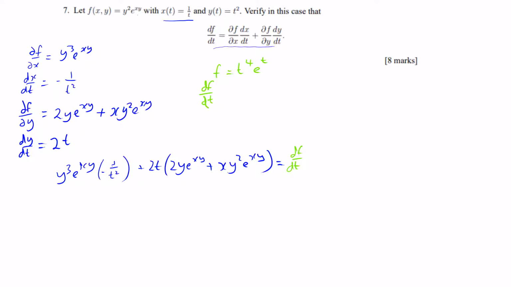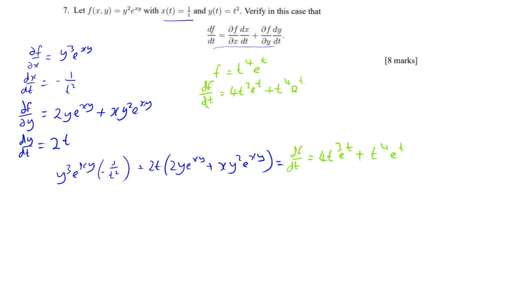Full differentiation, not partial differentiation. And that will give us 4t cubed e to the t plus t to the 4 e to the t, just by the chain rule. So now we can equate this to 4t cubed e to the t plus t to the 4 e to the t.